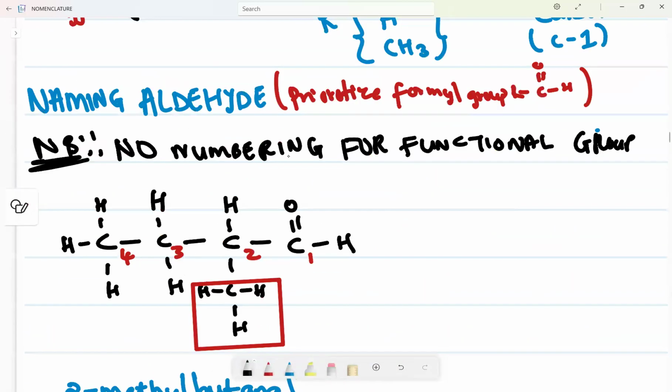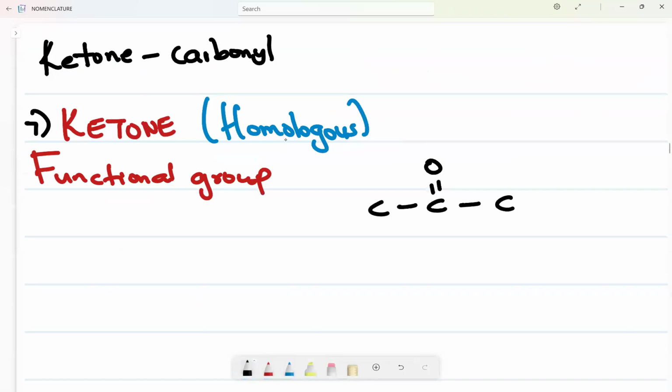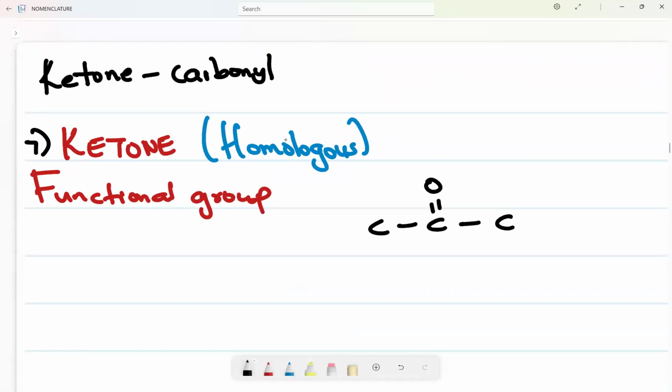It was on carbon number 1. But here, the double bond O should be between carbons. Okay? Should always be between carbons. This is what makes a ketone special as compared to aldehyde.